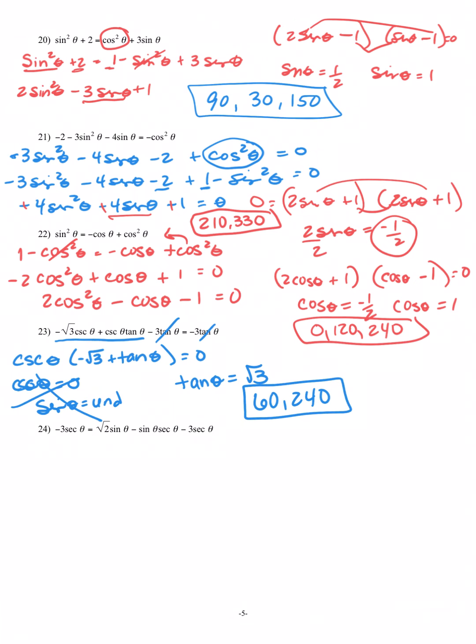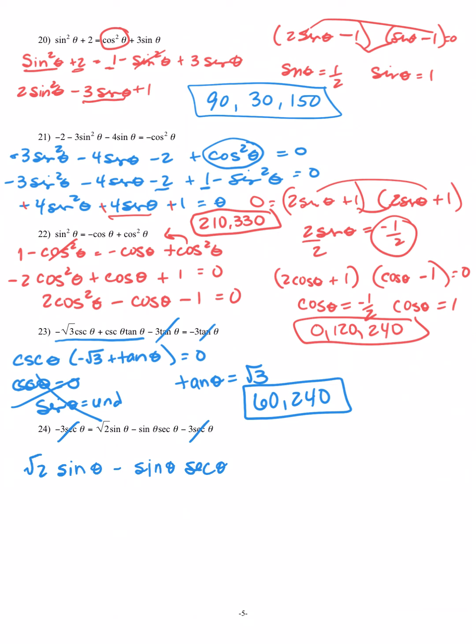So for the last one, we see that there's a negative 3 secant on each side of the equal sign. So when you add one of those to the other side, it's going to bite the dust. And now we have square root of 2 sine of theta minus sine of theta secant of theta.